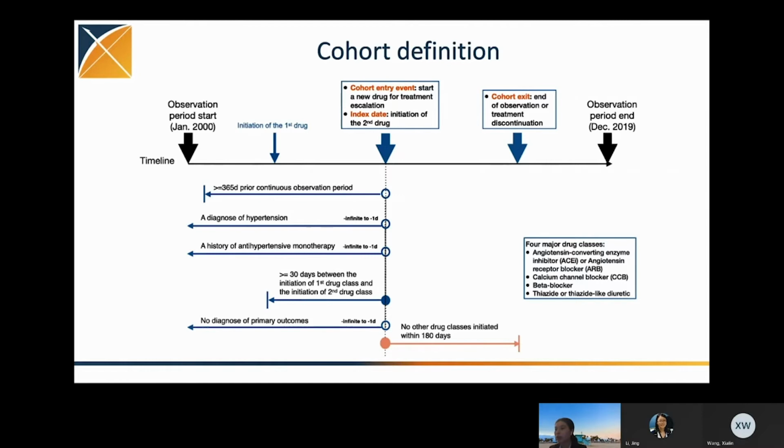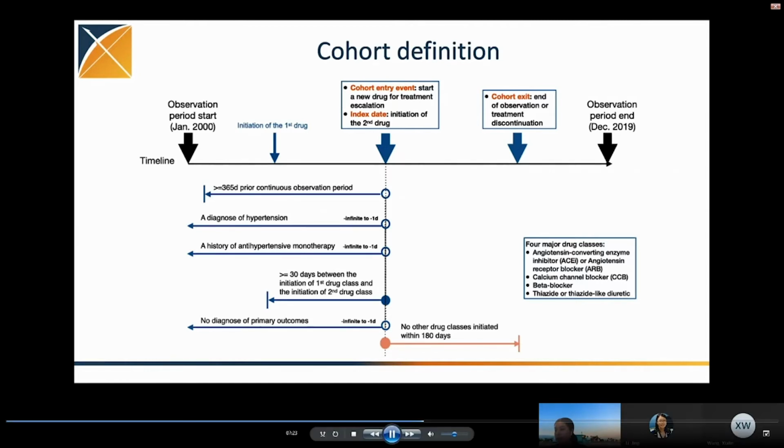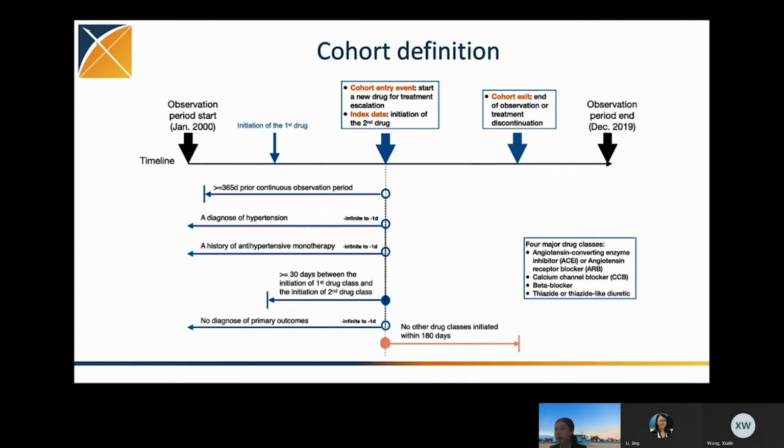And then we also require patients to have exposure to the combination therapy for at least 180 days. So that's as shown on the figure here, no other drug classes initiated within 180 days after the index date. The cohort exit events are either end of the observation or treatment discontinuation.